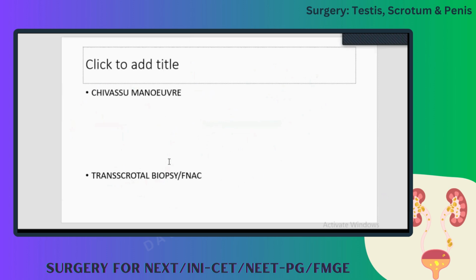So here I want to discuss 2 important things. Suppose a patient is having a scrotal swelling. Okay, so you can go directly for surgery, or you want to do some biopsy. Directly biopsy? Here biopsy is contraindicated.